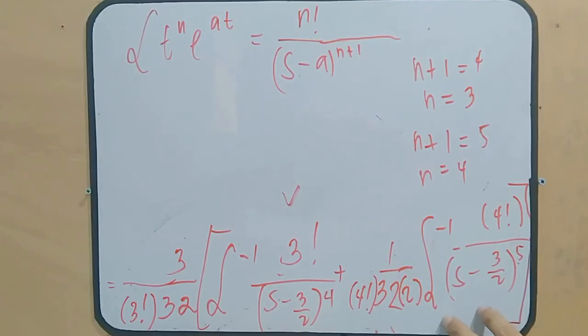Then, pwede natin gamitin yung formula. So simplify muna natin guys, tanggalin natin yung mga constant here kasi masyado na siyang madami. So using your calculator, you can solve for that. So this is 3 all over 3 factorial times 32. So this is 1 over 64.